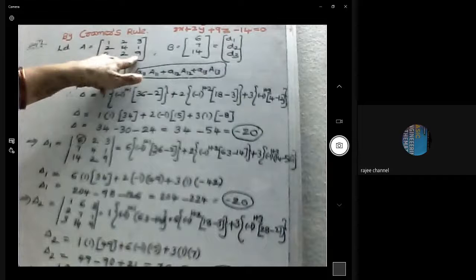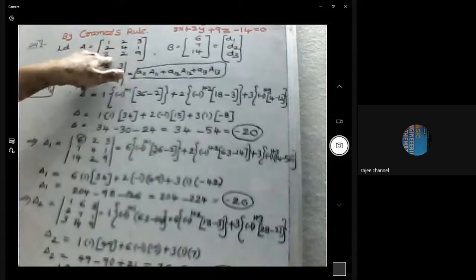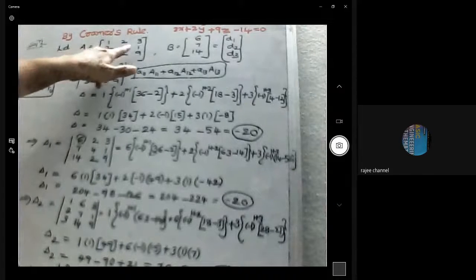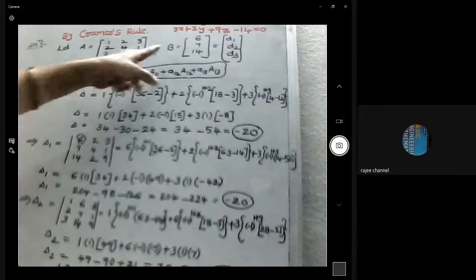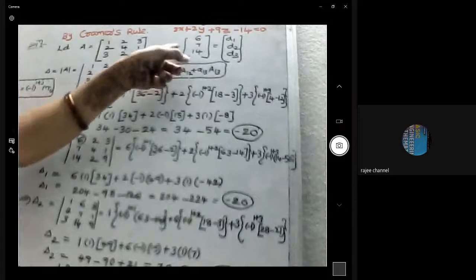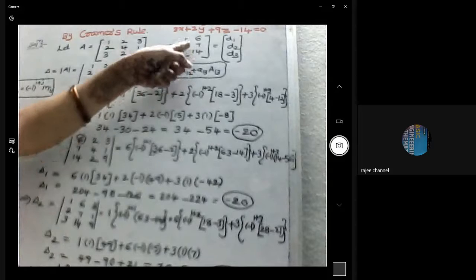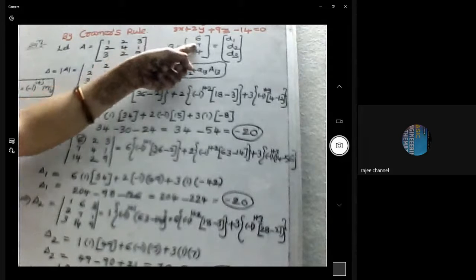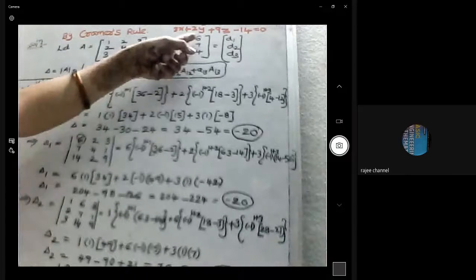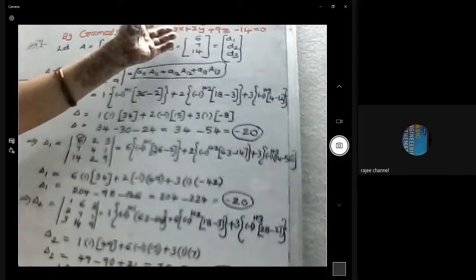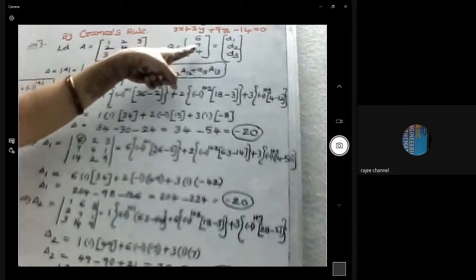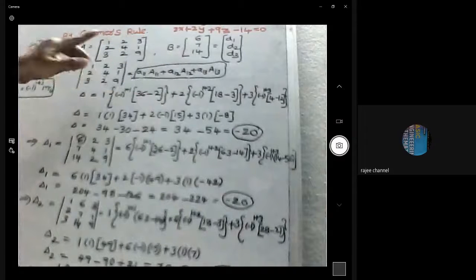Third row is taken from the third equation. They are the coefficients of x, y, z of the first, second and third equations. So B matrix is nothing but the constant terms, the RHS side constant terms: 6, 7, 14. On the LHS side they are minus 6, minus 7, minus 14, so on moving to the RHS side the signs are changed. So we take 6, 7, 14. They are the D1, D2, D3 values.